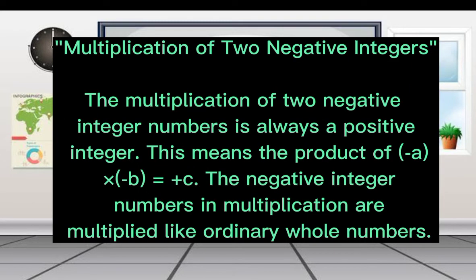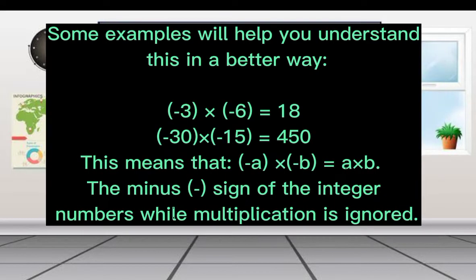And now, let's proceed to the multiplication of two negative integers. The multiplication of two negative integer numbers is always a positive integer. This means the product of negative a times negative b equals positive c. The negative integer numbers in multiplication are multiplied like ordinary whole numbers. Some examples will help you understand this in a better way.